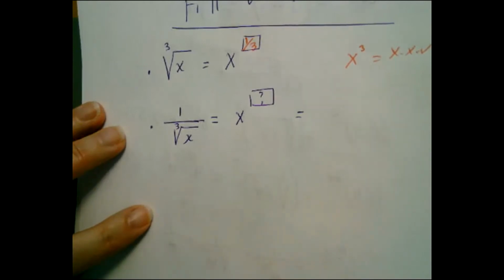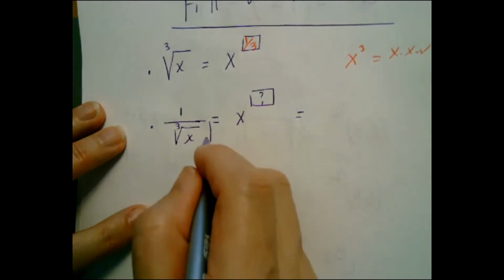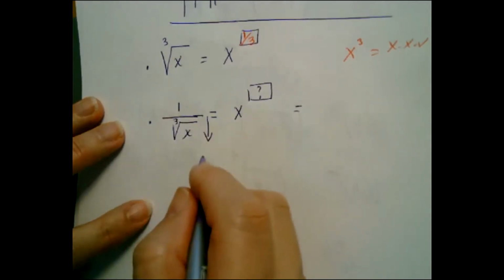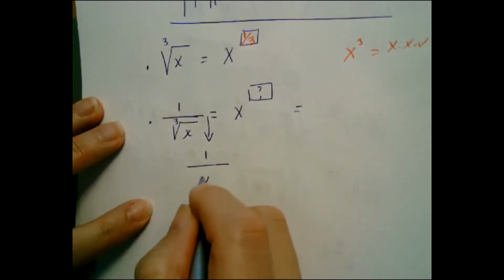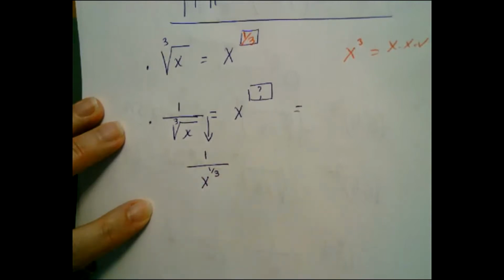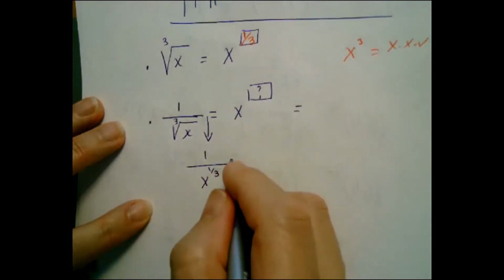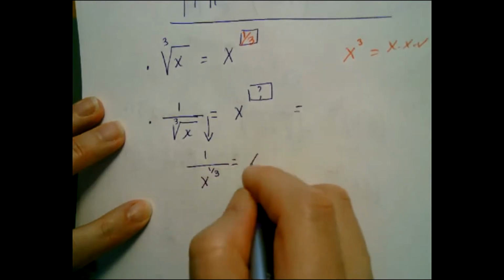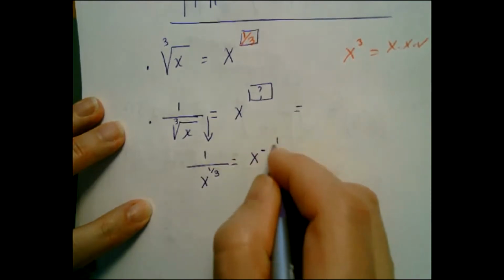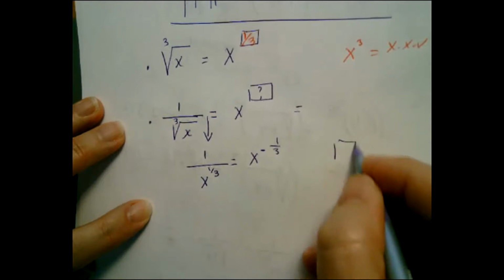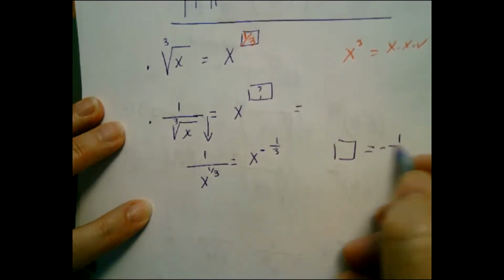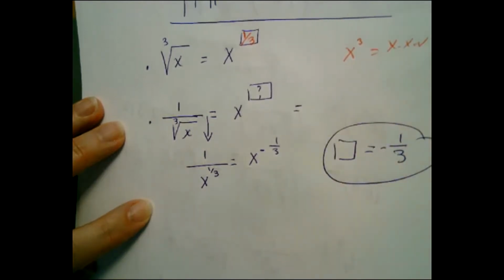Minus 1/3. Do you agree with Connor? Okay, let's make sense out of what Connor's saying. This is 1 over x to the power 1/3. Now, 1 over x means x to the minus 1/3. So the box I'm after is minus 1/3.